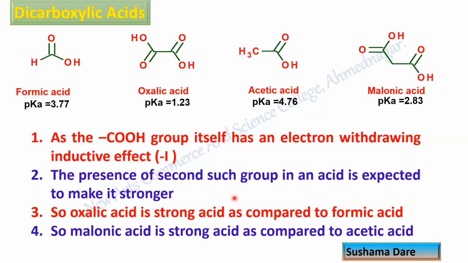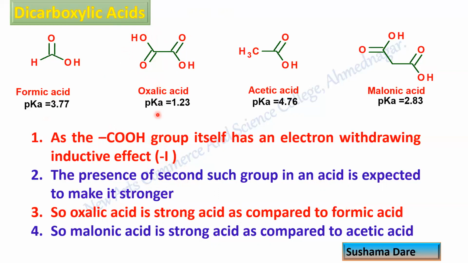The presence of a second such group in an acid is expected to make it stronger. Why? Because the minus I effect increases due to the addition of one more COOH group. Which effect increases? The minus I effect increases. So oxalic acid is a strong acid as compared to formic acid.